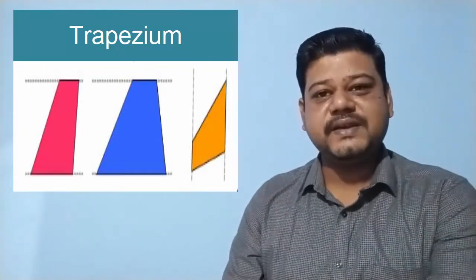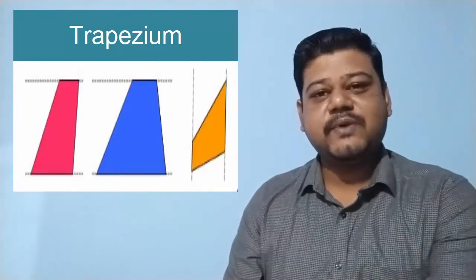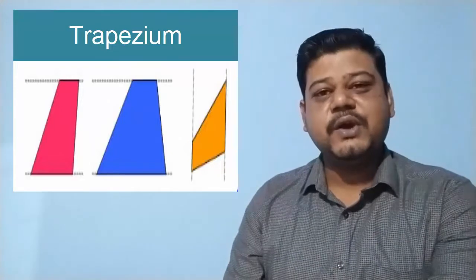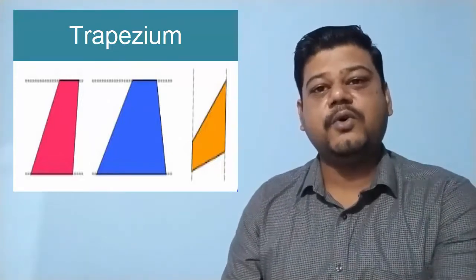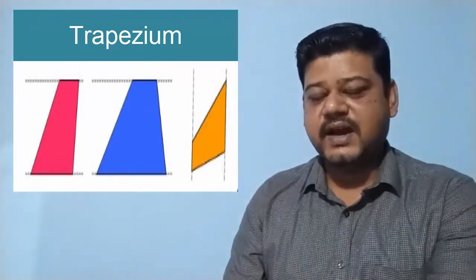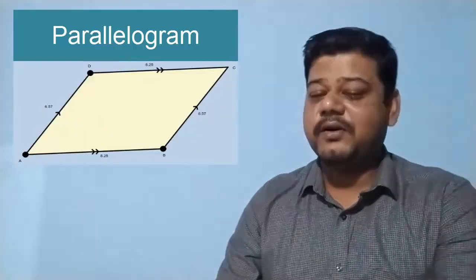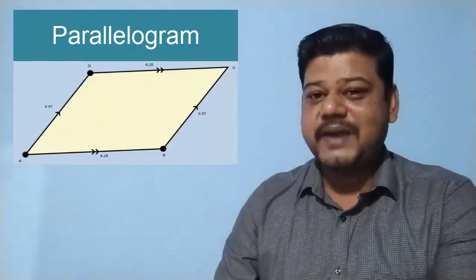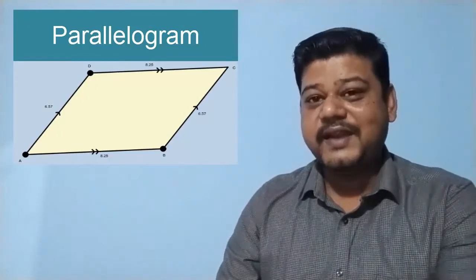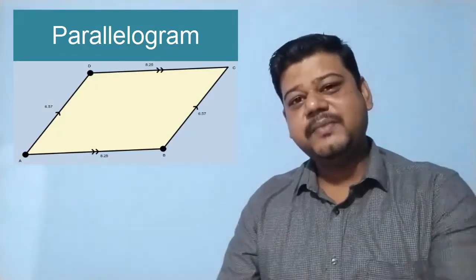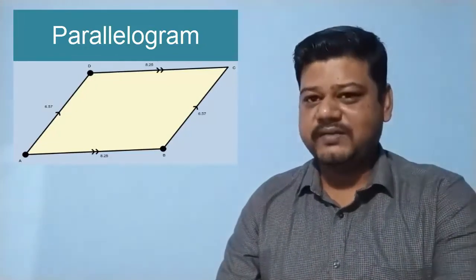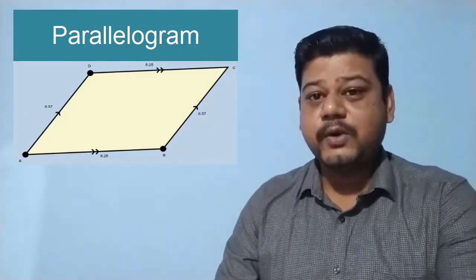A trapezium is a quadrilateral in which only one pair of opposite sides are parallel. Now, if both the pairs of opposite sides are parallel, then we are going to call that particular quadrilateral a parallelogram.